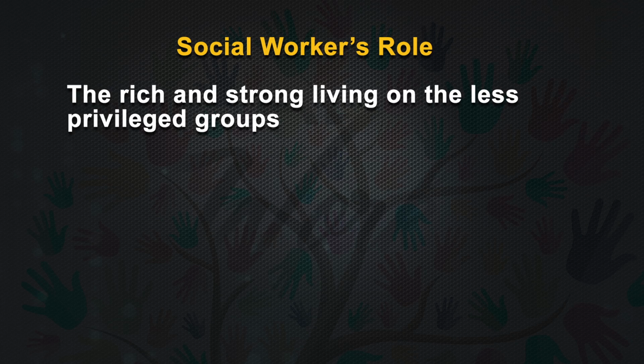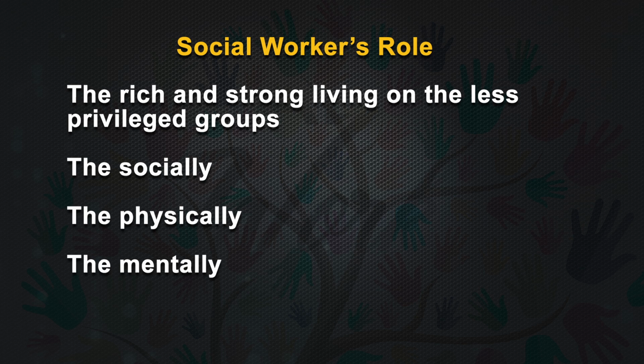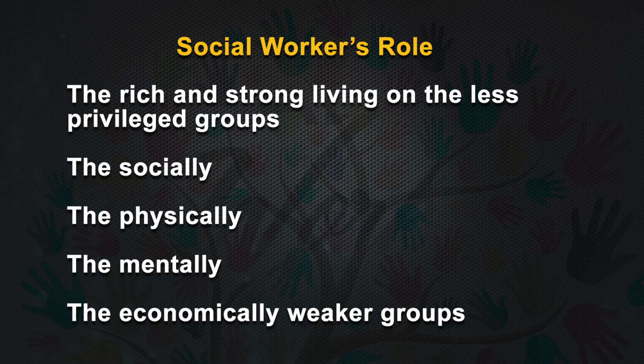That means it opposes the privileged group of society, namely the rich and strong, living on the less privileged groups, the socially, physically, mentally and economically weaker groups. Social work always supports the less privileged groups and helps them come on par with other groups.